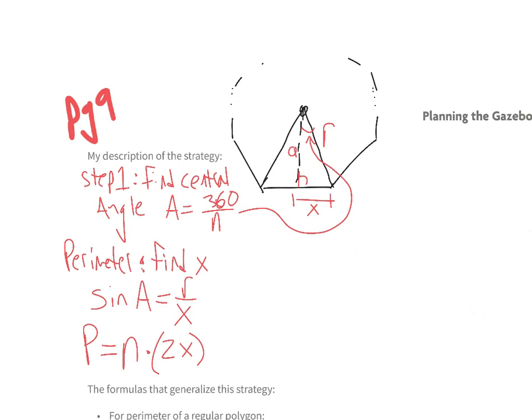Okay, so note that we have n sides. That's important. All right, almost done here. So we have n sides, and then that's to find our perimeter.